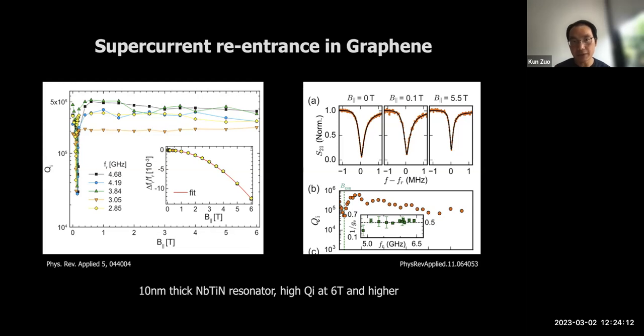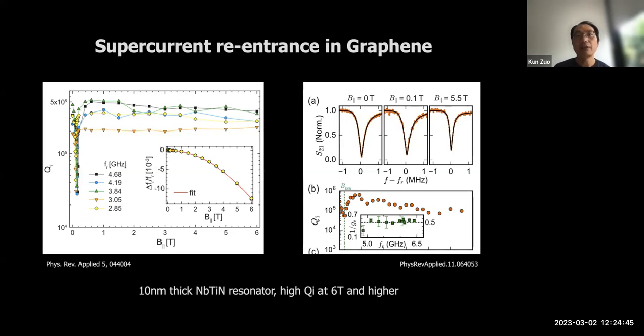There's another paper that similarly measured a very good Q factor up to 5.5 Tesla, and that film is even thicker. So what I'm saying is, if we have graphene, depending on the thickness of the graphene, if you align the magnetic field very well, superconductivity can survive at very, very high magnetic field. So I'm not surprised if you have superconductivity around 10 Tesla in a graphene system.